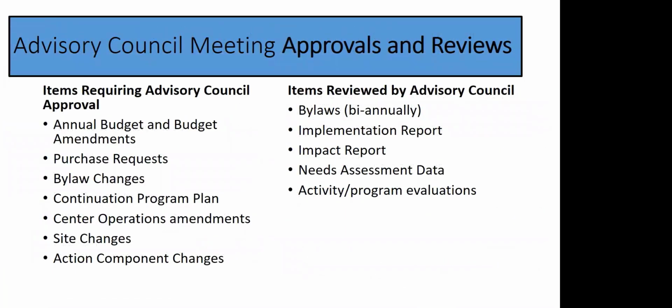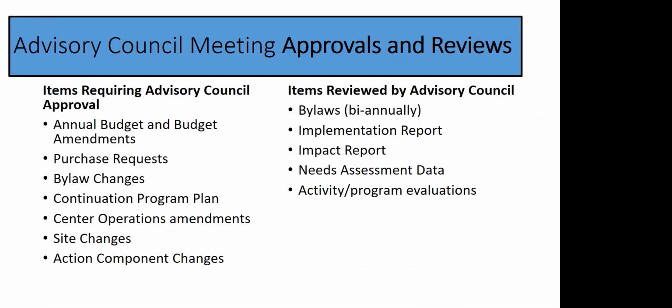All right, approvals and reviews. This current slide is also part of the handouts. See, I went a little handout crazy and I apologize. I think it's the 7th handout in section 3. And these are items that either need approval or something that needs to be reviewed by your advisory council. So I'll roll through those really quick.